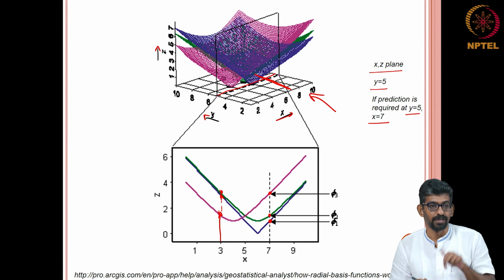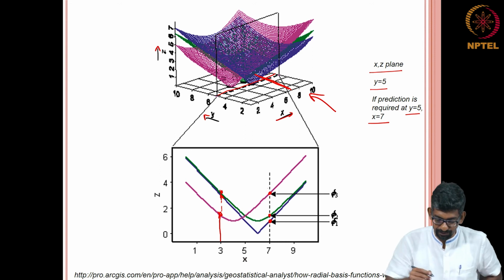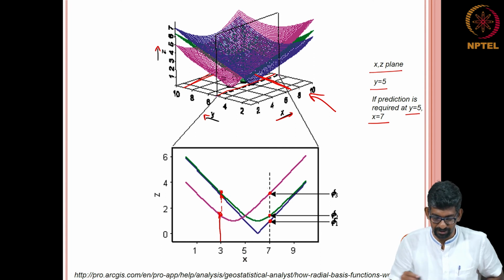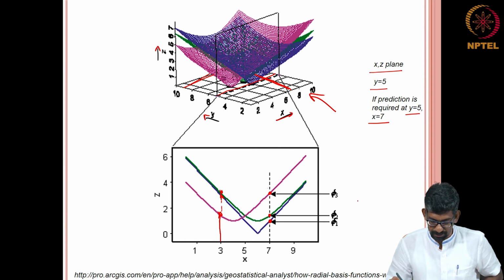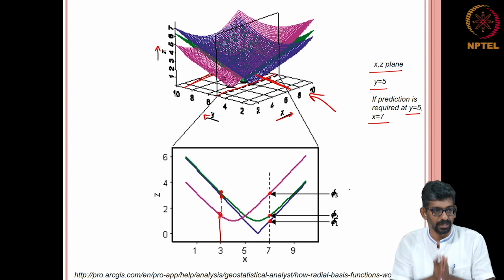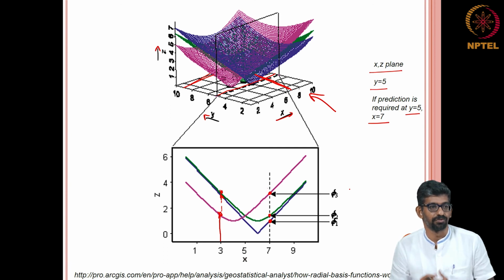But this is at y equal to 5. I cannot do this here, but if I wanted y equal to 9, I might get a slightly different look. I will get different curves, and accordingly at my x it will take different values.